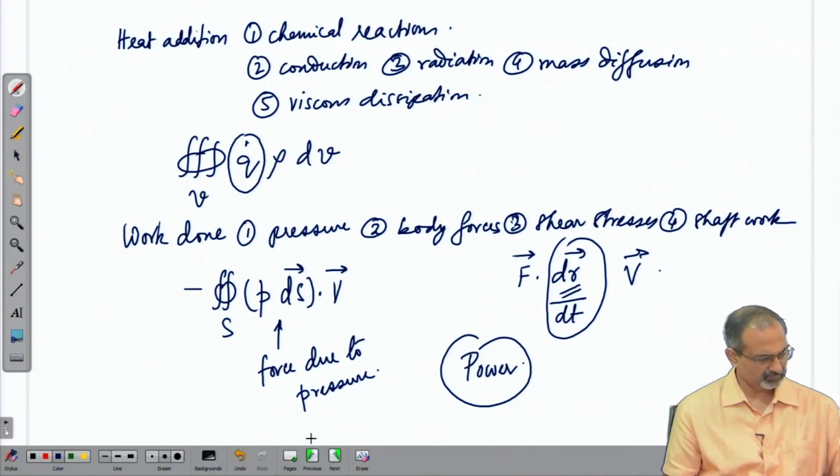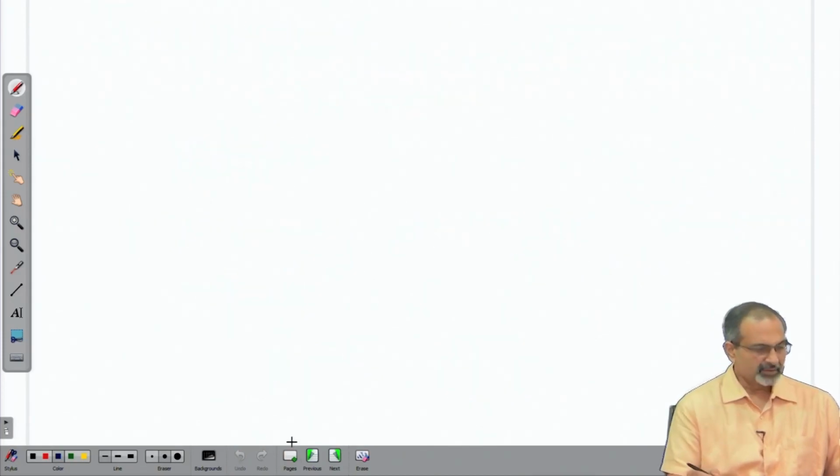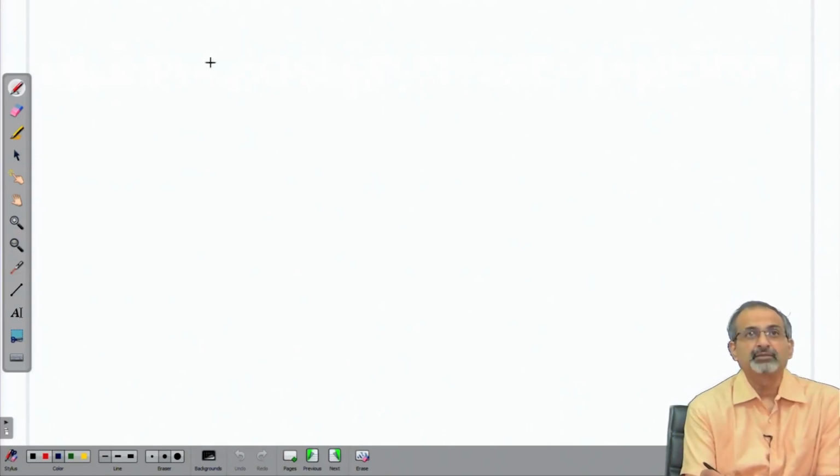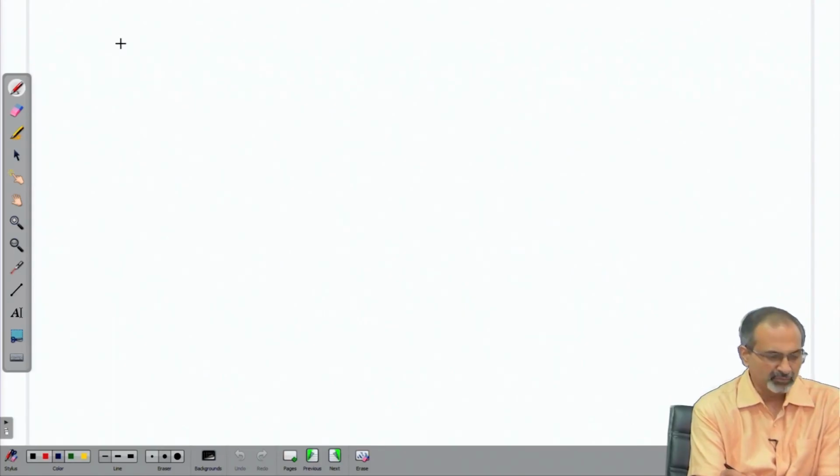So, this is a little bit about the heat and work exchanges which are possible. Now, as far as the fluid in the control volume is concerned, unlike the thermodynamic system, where the fluid was not having any bulk movement, it was just having the molecular motions, here the fluid also has bulk movement.